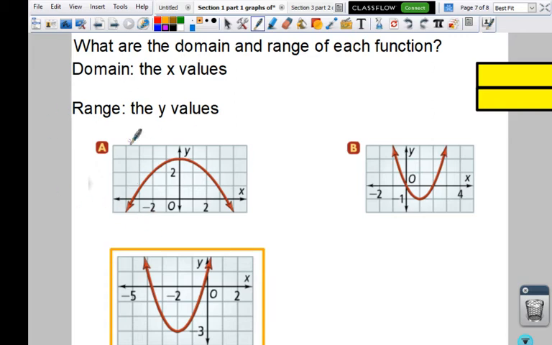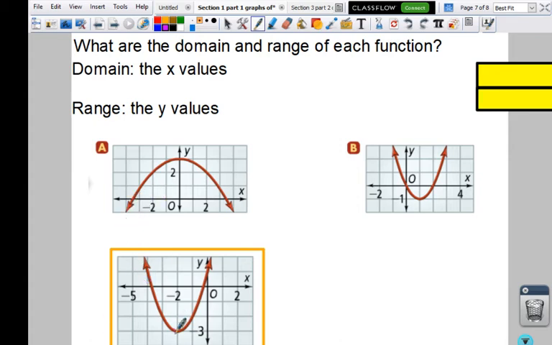So let's look at part A here. My domain is my x values. As you look at this graph, is there any x value you will never get to? If I were to list every single coordinate on here, is there any point where I would never list an x value?